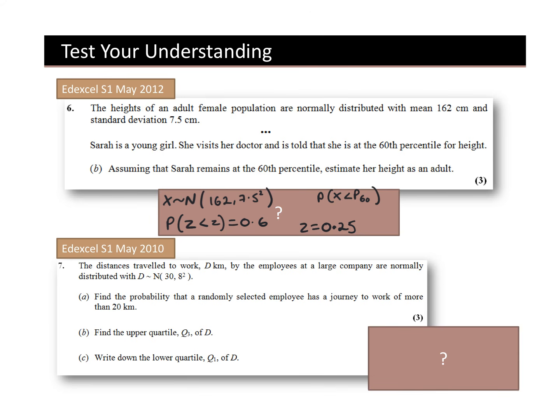Now that I have this, I know x minus the mean over the standard deviation is going to equal our z. So x minus 162 over 7.5 equals 0.25.